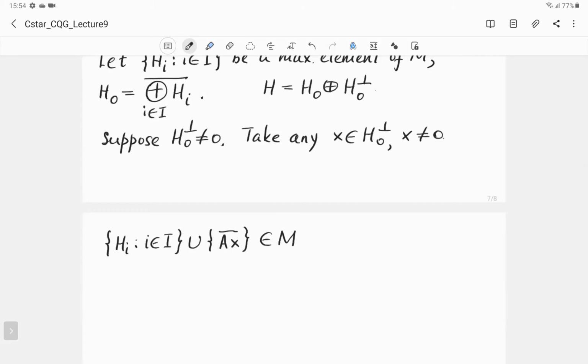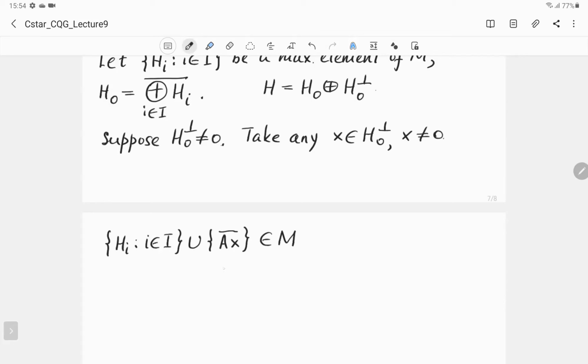We know that the orthogonal complement of a submodule is also a submodule, and so this cyclic submodule is contained in the orthogonal complement. And so it is orthogonal to each of the submodules HI. So this bigger family is also a family of pairwise orthogonal cyclic submodules. And also this cyclic submodule is non-zero because it contains little x.